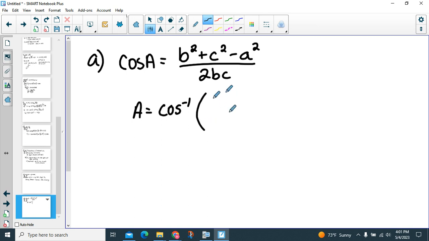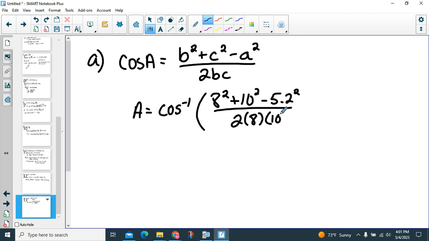So this is going to be 8 squared plus 10 squared minus 5.2 squared, all over 2 times 8 times 10. Plug that into your calculator, and you should get 31.1 degrees when rounded to 3 sig figs.